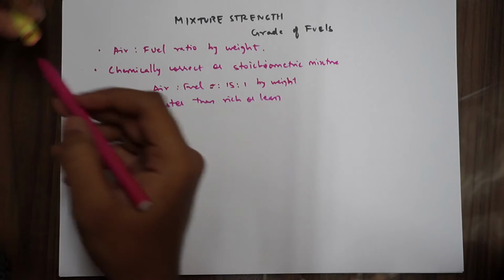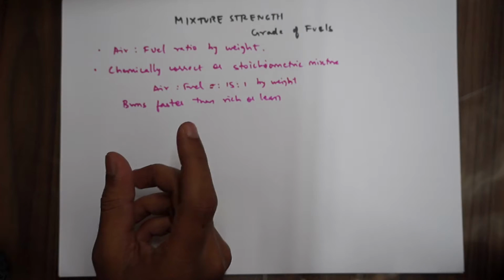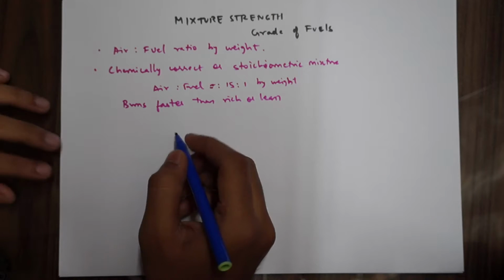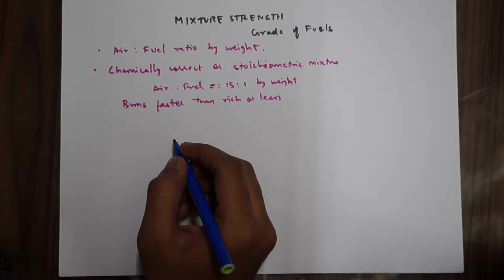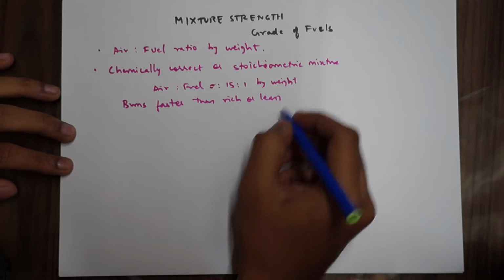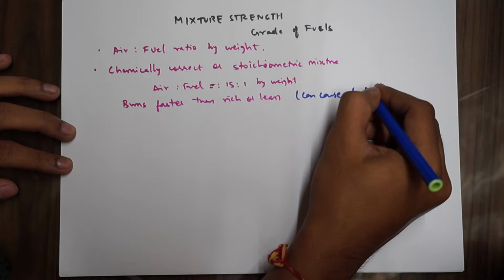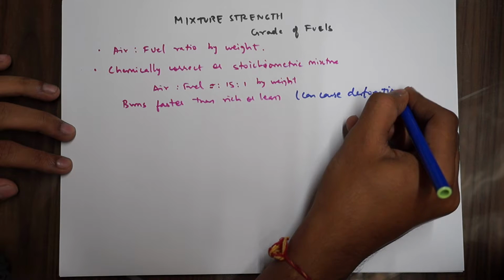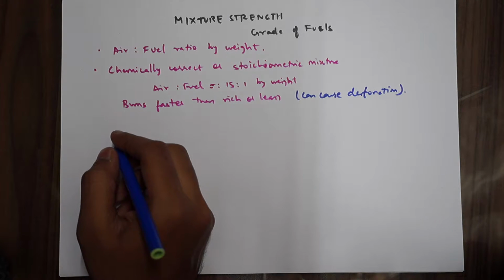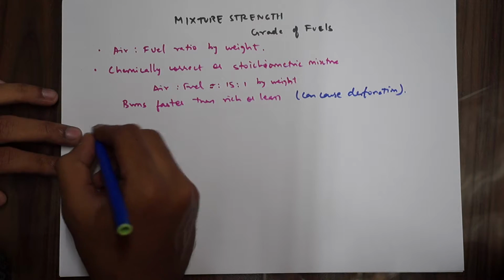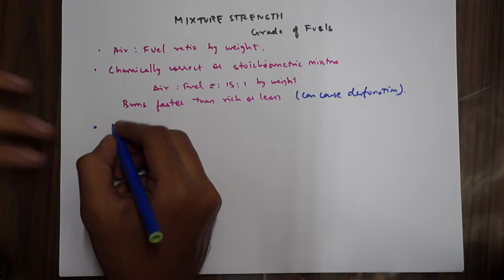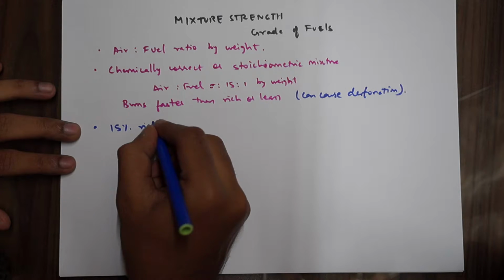So it is not very desirable, because if it burns really fast, it's not really helpful, because that can cause detonation in the engine. Therefore, the mixture we practically use is 15% richer.